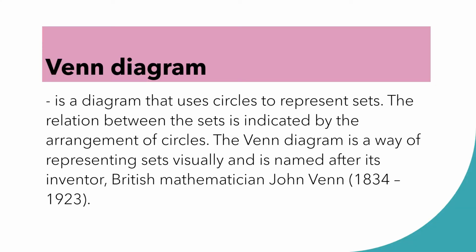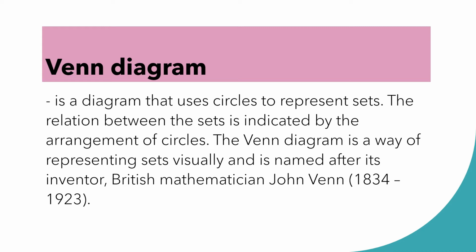Venn diagram, by definition, is a diagram that uses circles to represent sets. The relation between the sets is indicated by the arrangement of circles. The Venn diagram is a way of representing sets visually and is named after its inventor, British mathematician John Venn, from 1834 to 1923.